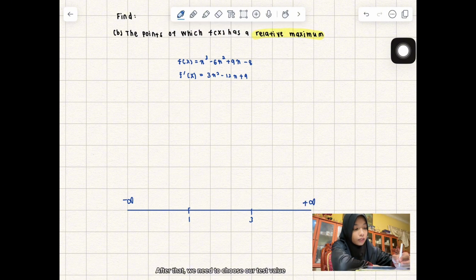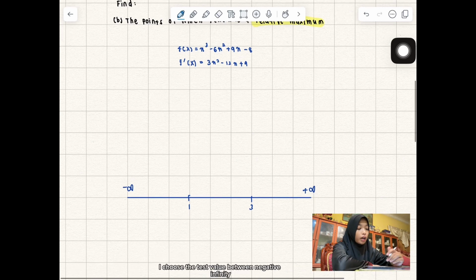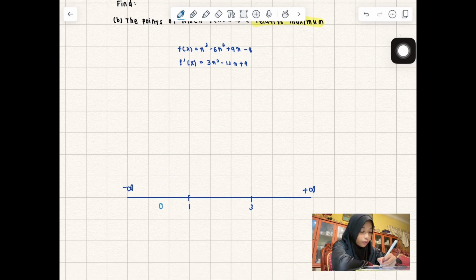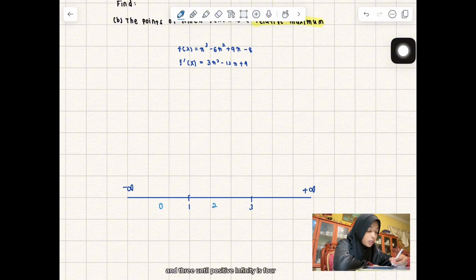After that, we need to choose our test values. I choose the test value for negative infinity until 1 is 0, for 1 until 3 is 2, and for 3 until positive infinity is 4.